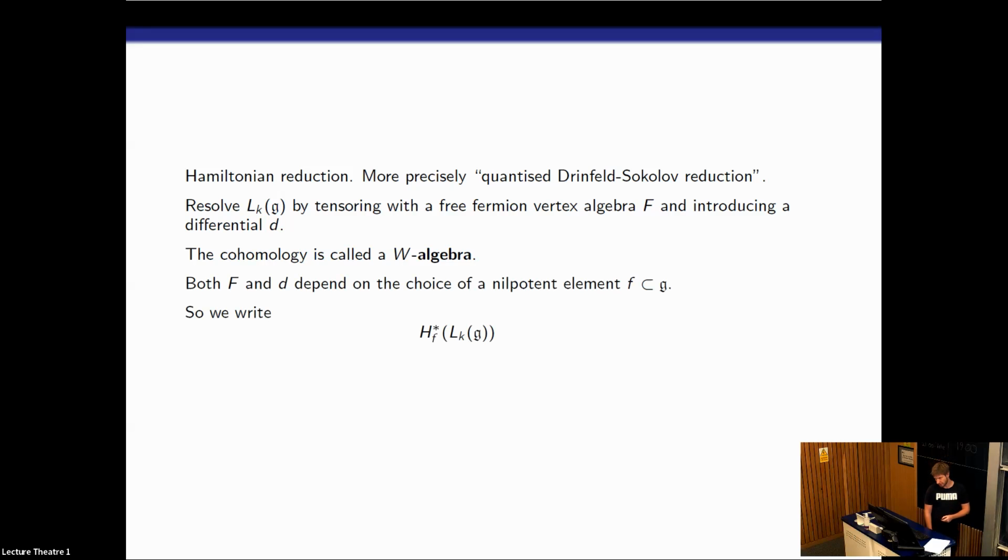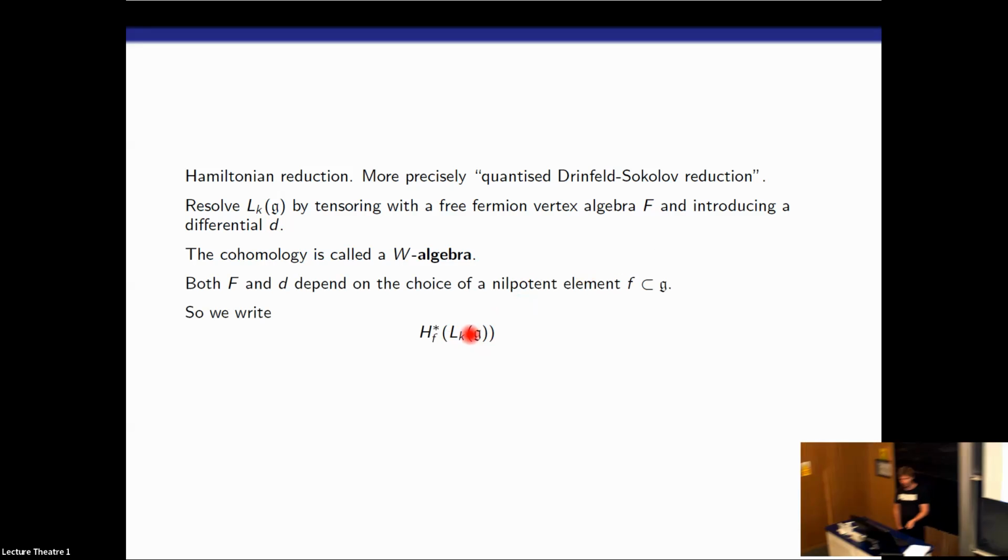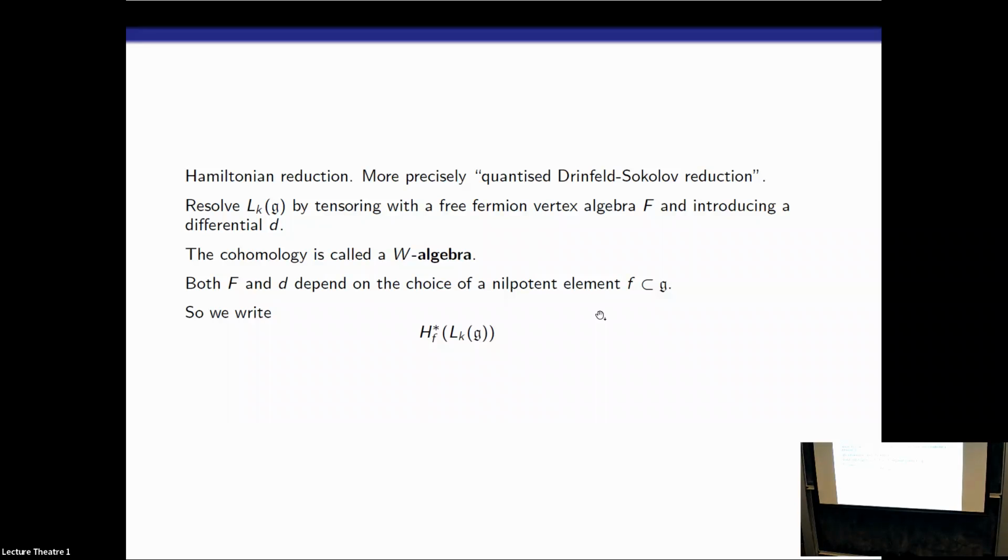Now this process depends on a nilpotent element. The original story was for principal nilpotents, and then Kac, Roan and Wakimoto introduced this generalization to arbitrary nilpotent orbits. So we get some cohomology that depends on k, obviously, and on the choice of this nilpotent.